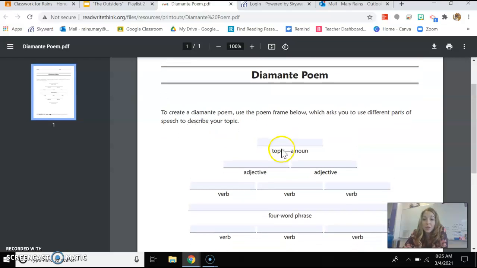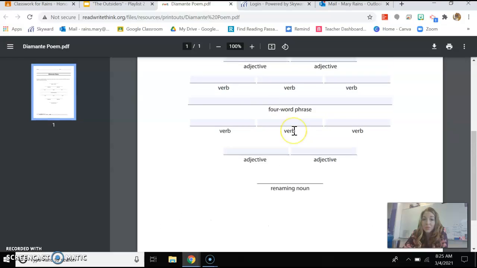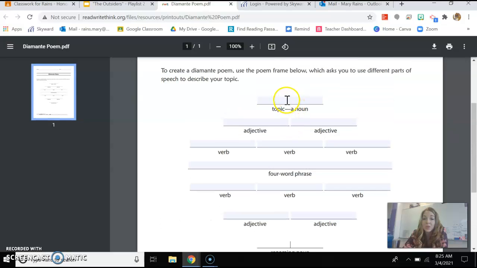Basically, what I would like you to do is start with a character name and then end with a theme. So the way that this is going to work is that you pick a character, you pick adjectives that describe them, actions that they do, so things we know they've done, a forward phrase that ties both the character and the theme together, and then it goes down to the theme.